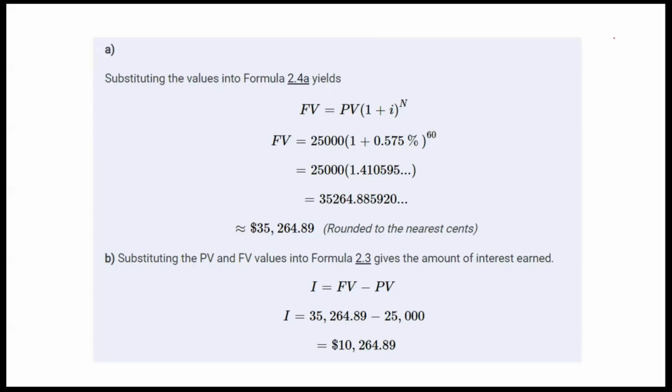From that, the person put in 25,000, and they now have $35,264.89. So the interest earned will be the difference of the two, right? Which is $10,264.89. Again, always when you're dealing with investments, you want to compare it to, you put this amount of money in the bank, and after 5 years, that's what you get.